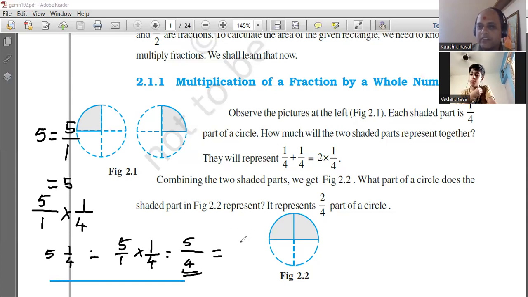Come on, think fast. You have to divide 5 by 4.